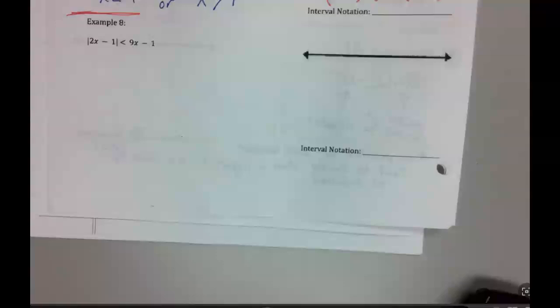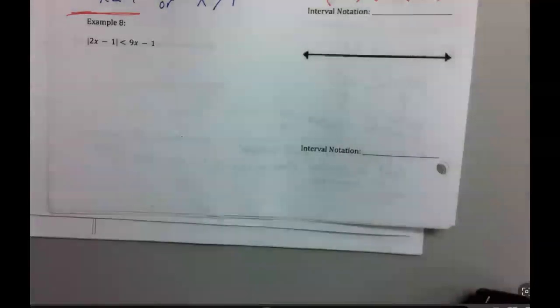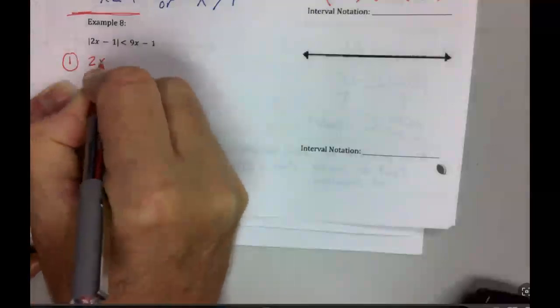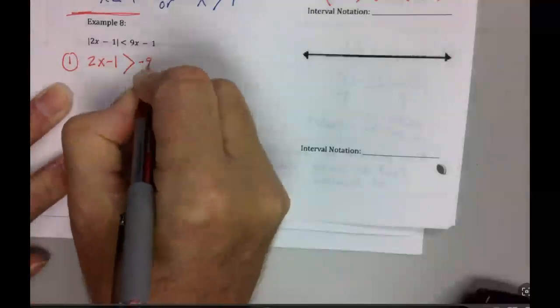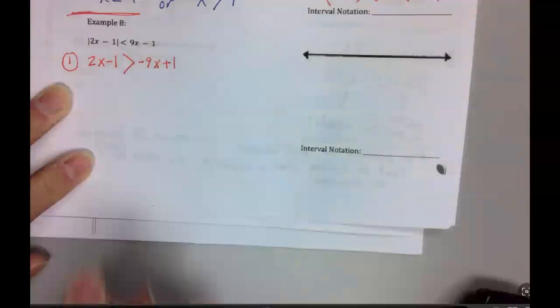Greater than. Correct? From 0. So like this first equation here, the first one is 2x minus 1 is greater than the opposite sign, correct? The negative side.